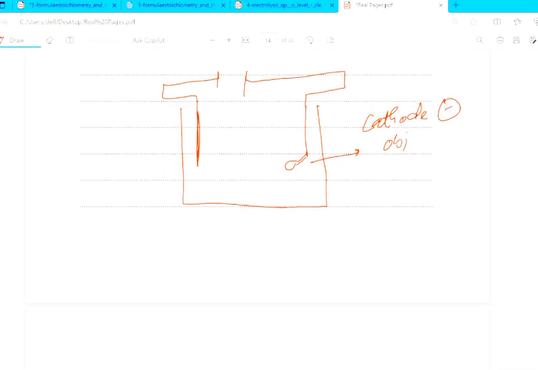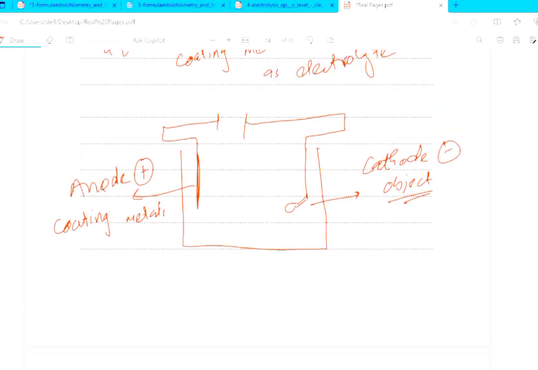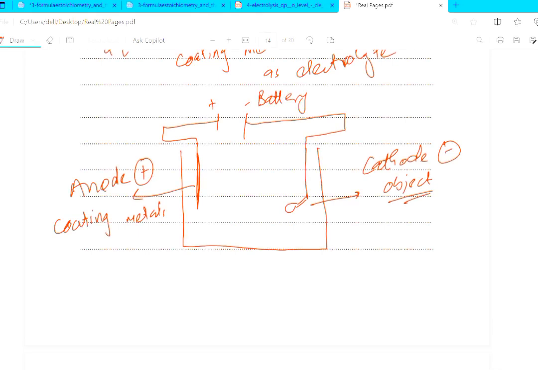And this is the anode, which has the plus charge, and the coating metal is here. This is the battery, plus and minus. Here is the electrolyte. We are going to electroplate copper on the object, so it will be a dilute copper sulfate solution.